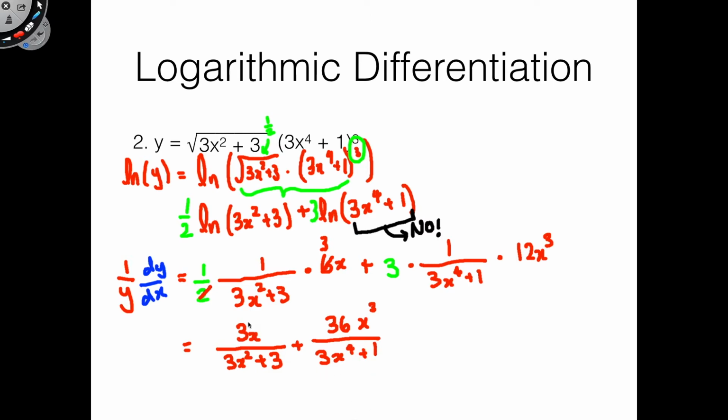Okay, and over here you can actually factor 3 out of the denominator, so this would actually be 3 times x squared plus 1. So that 3 and that 3 would cancel.